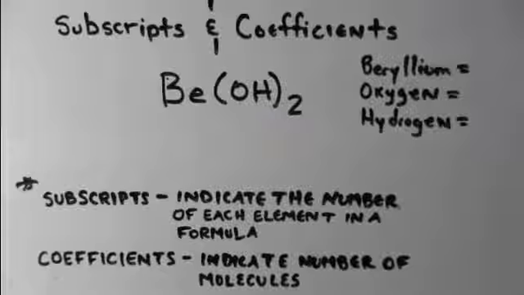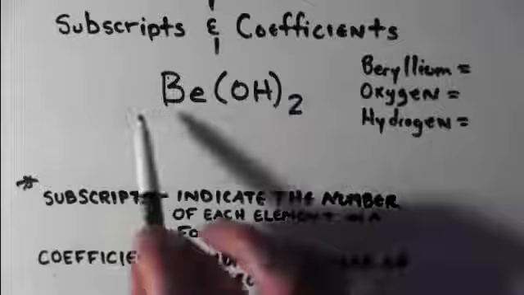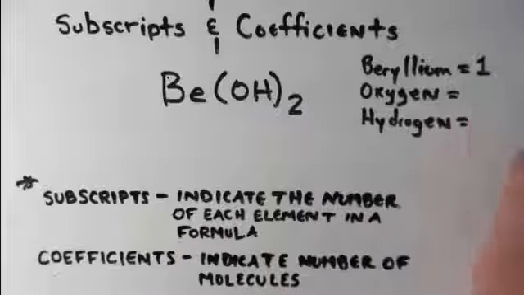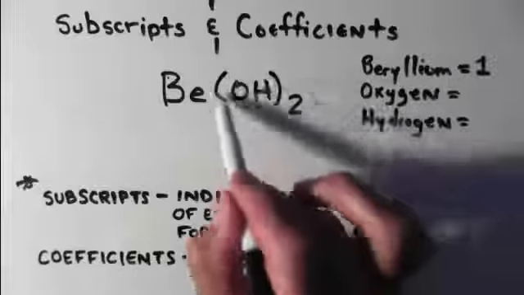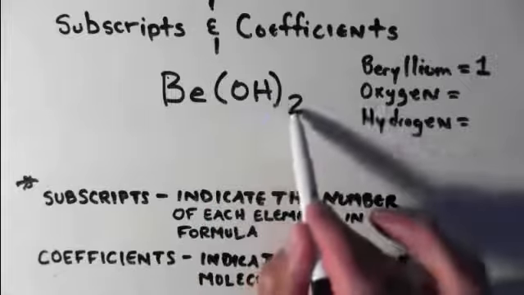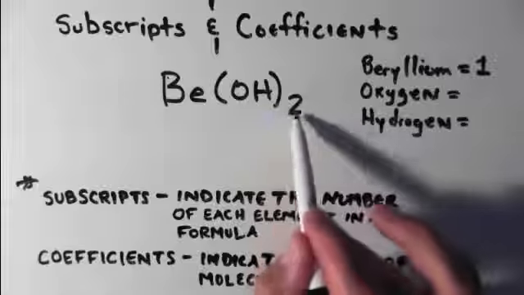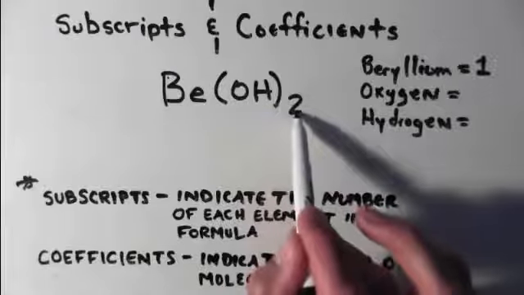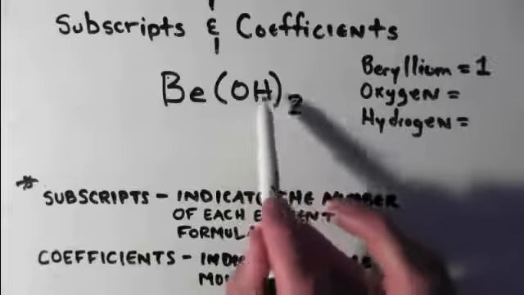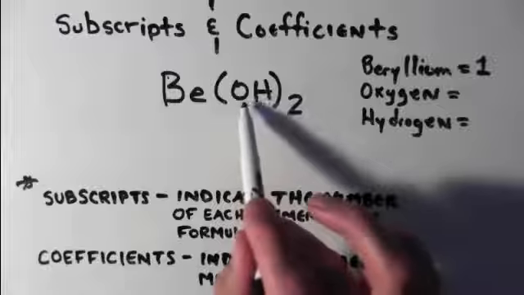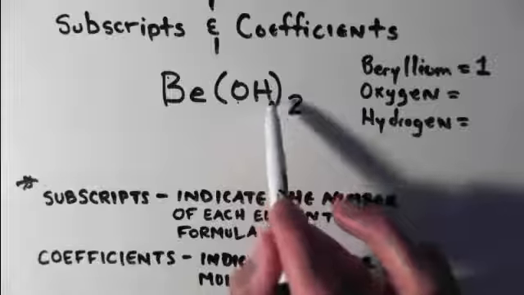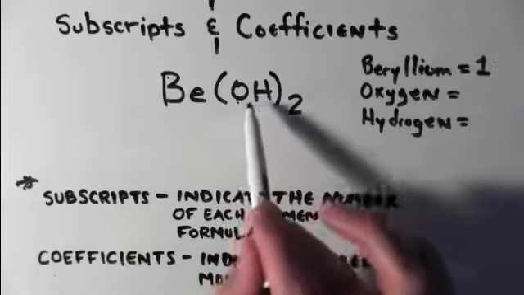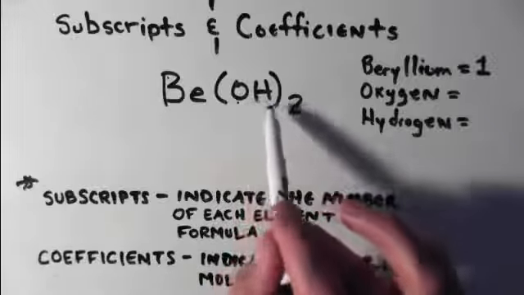Okay, so I have 1 beryllium atom present. Now, this parentheses, the subscript is outside the parentheses. This subscripted parentheses indicates that you multiply this 2 times every atom, every element in the parentheses. Oxygen and hydrogen don't have a subscript within the parentheses, so it's understood to be 1.